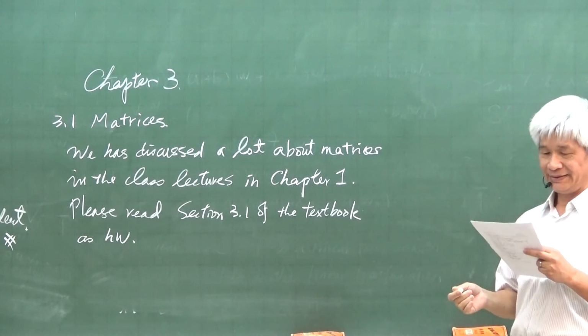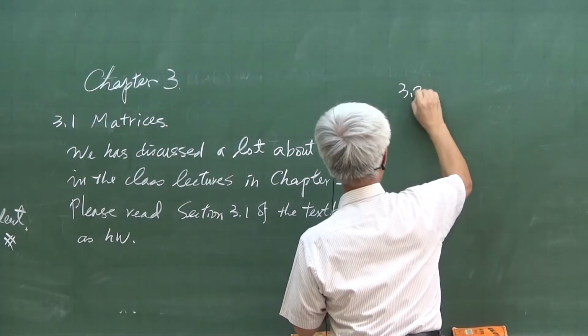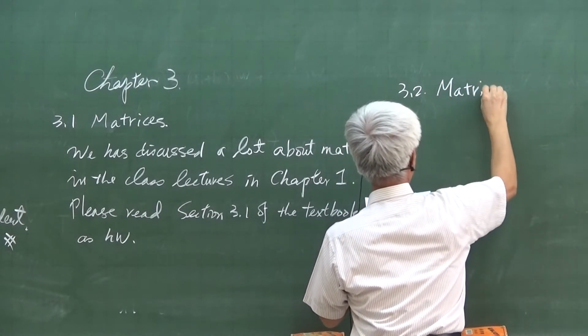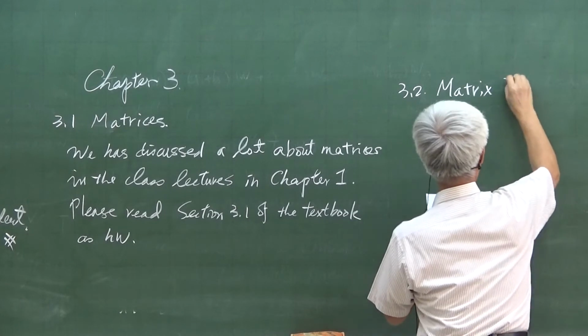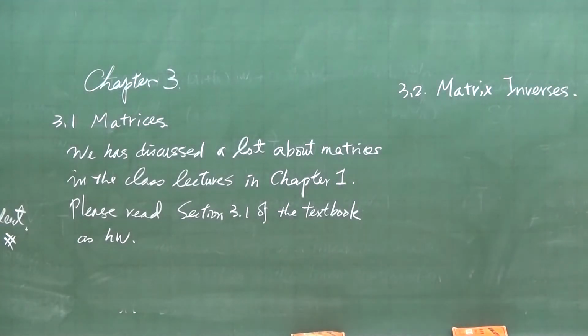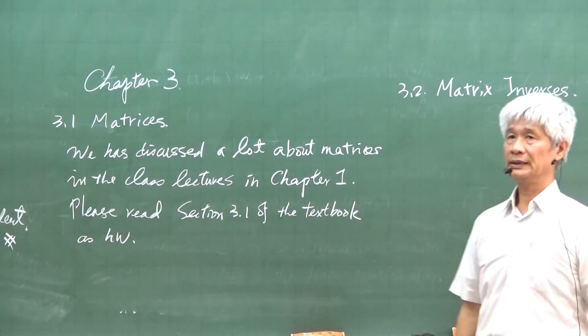Alright, so now I will go to the second section. It's about matrix inverses. We talked about matrix inverses in chapter 1 when we dealt with Gaussian elimination, right?